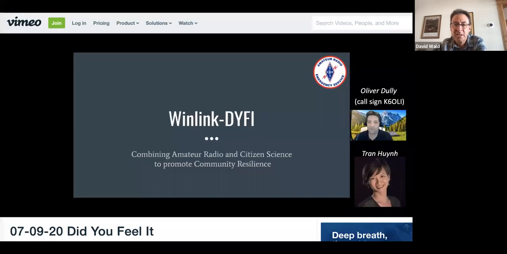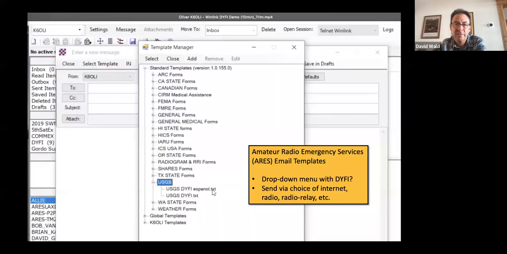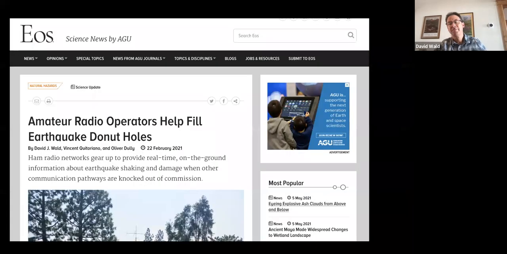And we've set up with a colleague of mine that is an amateur radio operator a Did You Feel It form on Winlink, which is their communications platform, to do the Did You Feel It form right after an earthquake anywhere in the country where there's many ham radio operators that are in urban areas that can respond and do contribute to response. And we published an article about this just recently.